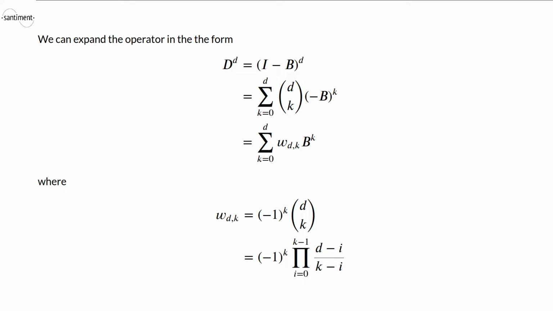And another thing that you should notice, if d is an integer and k is larger than d, it's not difficult to see that those weights are actually 0. So this sum that I wrote, sum of k from 0 to d times the weights times this matrix B to the power of k, I can actually replace it with an infinite sum, because for very big values of k, the weights will just be 0, so it's the same thing.